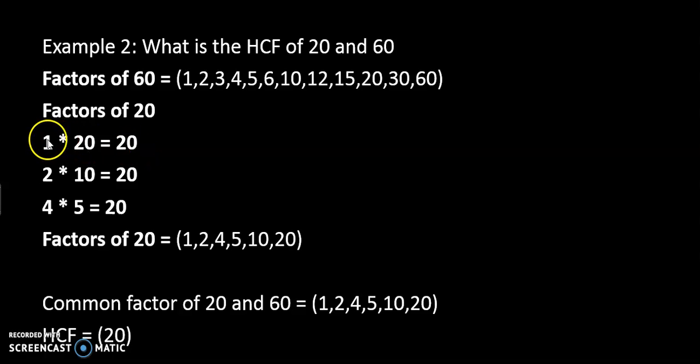So if I use 1 times 20, I get 20. 2 times 10, 20. 4 times 5, 20. So these numbers here are the ones that we call the factors of 20. I'll come here and write them down: 1, 2, 4, 5, 10 and 20.